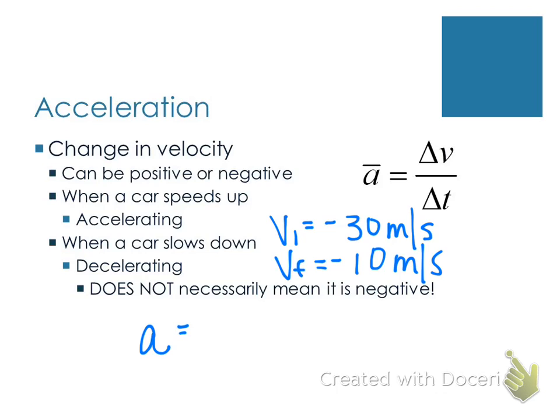So the negative here, don't think of that negative as part of the number, right? It's the direction. So we're going from negative 30 meters per second to negative 10. If I want to solve for the acceleration, it's always final minus initial. So final minus initial. Right, and let's say we did that in 10 seconds.